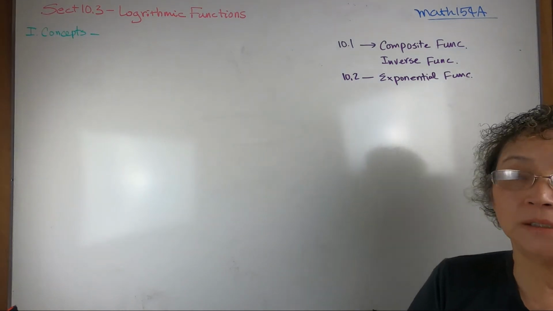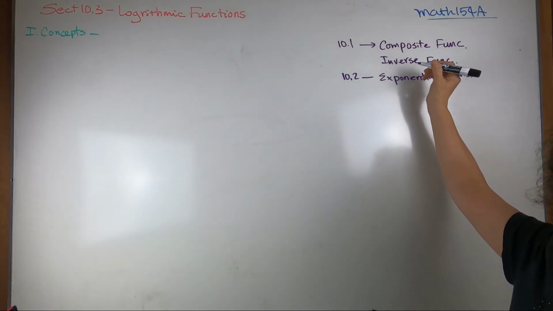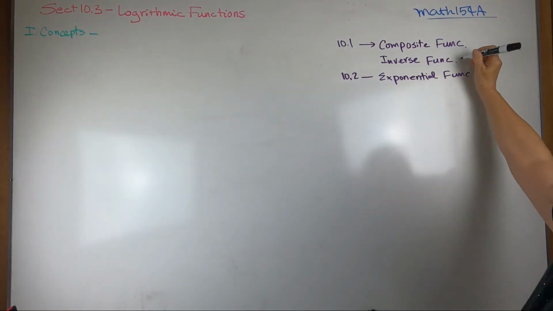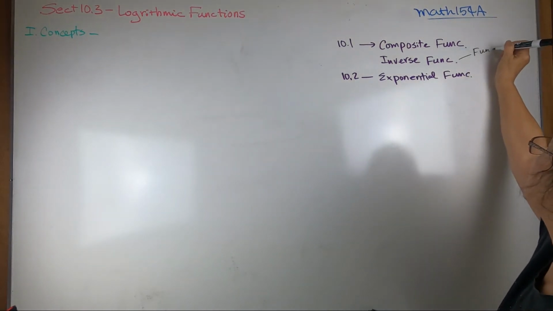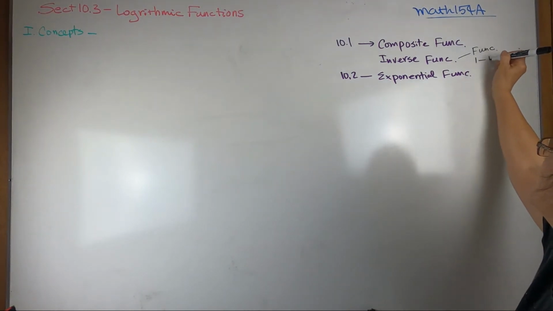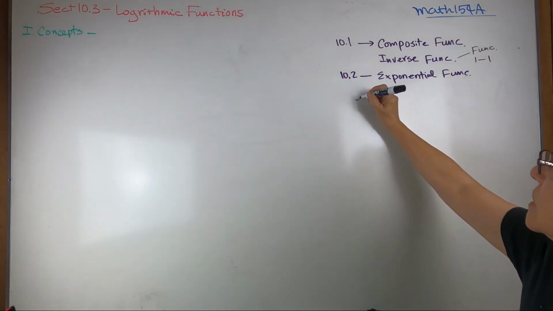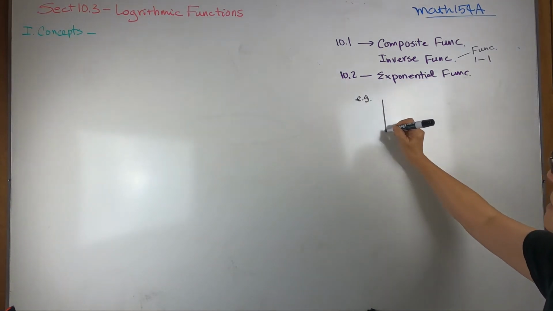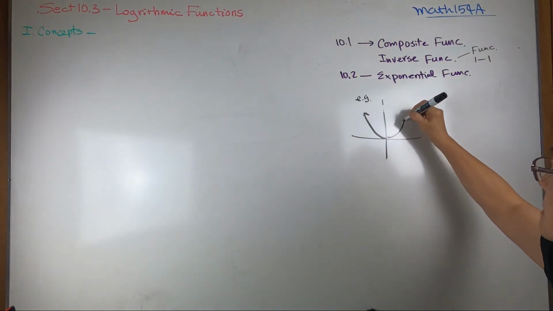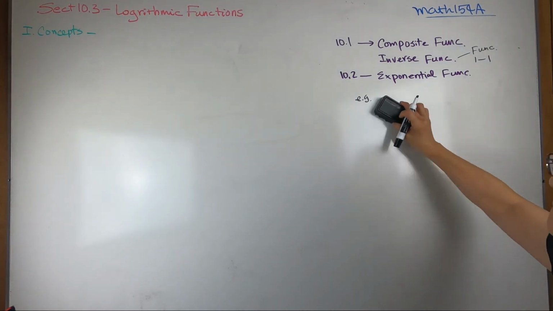When we talk about inverse functions, there are some criteria, right? Besides being a function, it also has to be what? 1-to-1, right? So, for example, if we talk about a parabola, let me make it bigger.